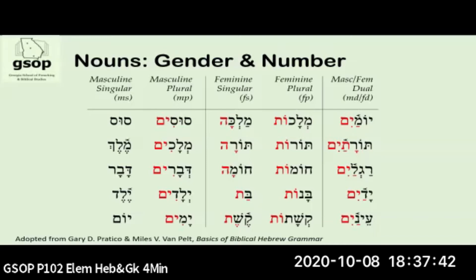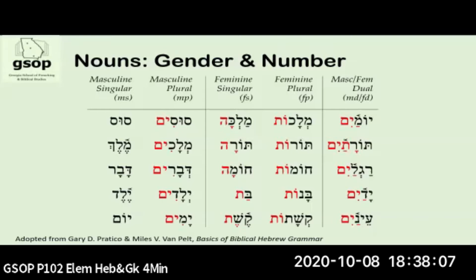And melech is now here. You know, the caret on top of the mem? See the little caret on top of the mem? That's going to tell me that the accent is at the beginning of the word. So you put the accent at the beginning and not at the end.